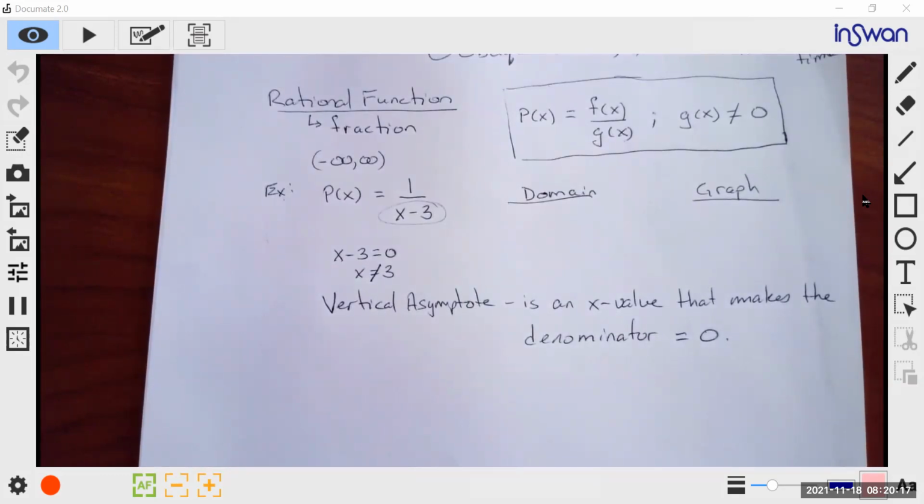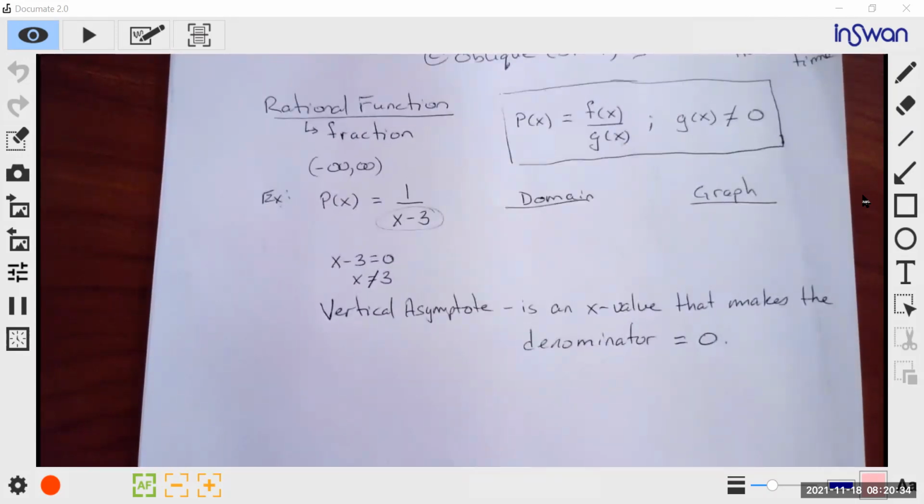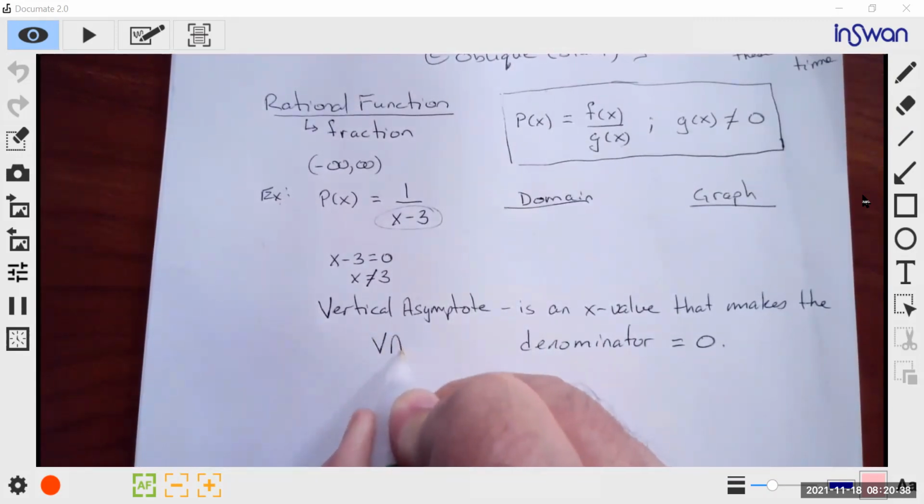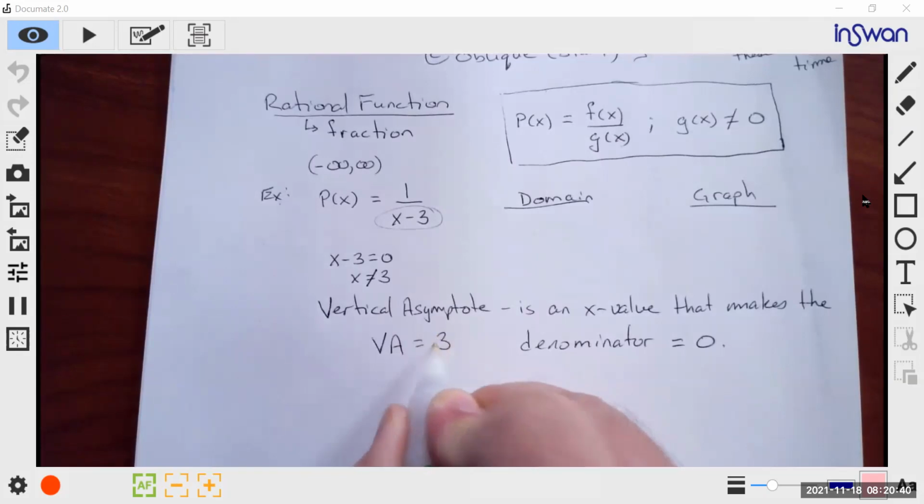There are restrictions of our domain. So what we say here is the vertical asymptote is 3.